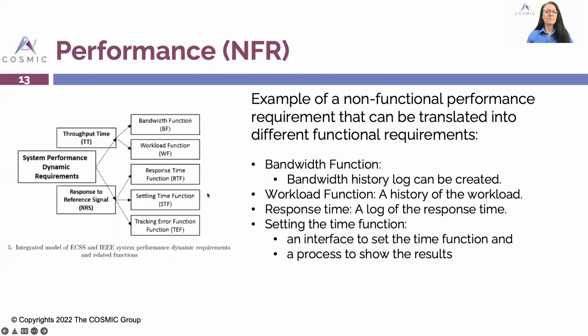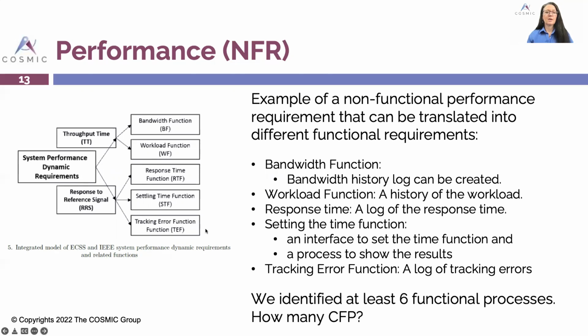There's the setting time function, an interface to set the time, and a process to show the results. And the tracking error function, a log of tracking errors. Now, we identified at least 6 functional processes. And how many COSMIC function points? Well, we would have to look at the functional requirements of each of these 6 functional processes.